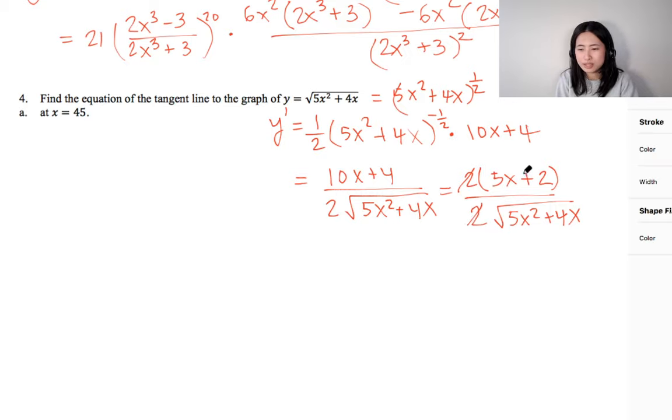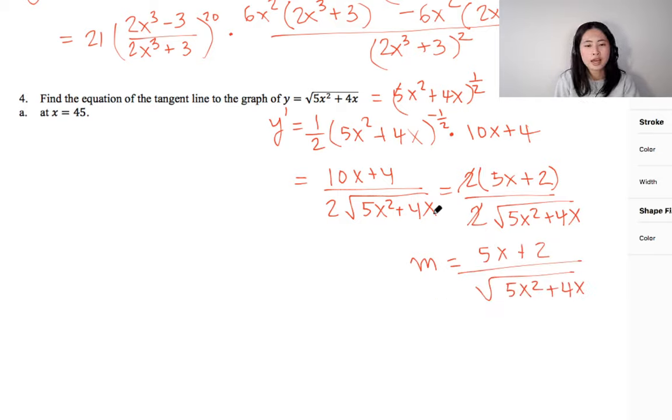Okay, so going back to this math question. We know that this is (5x plus 2) over the square root of 5x squared plus 4x, and this is the slope. But we're not yet done because we have x is equal to 45. That means we need to plug in 45 to find what the slope, or the value of m, is in this case.